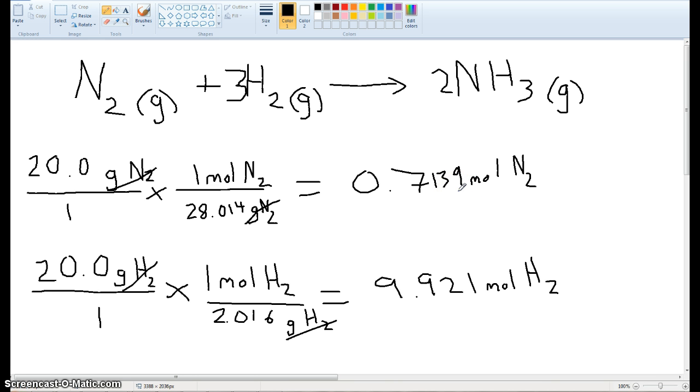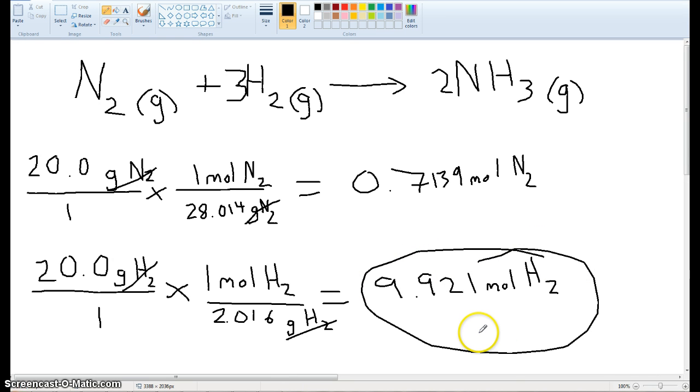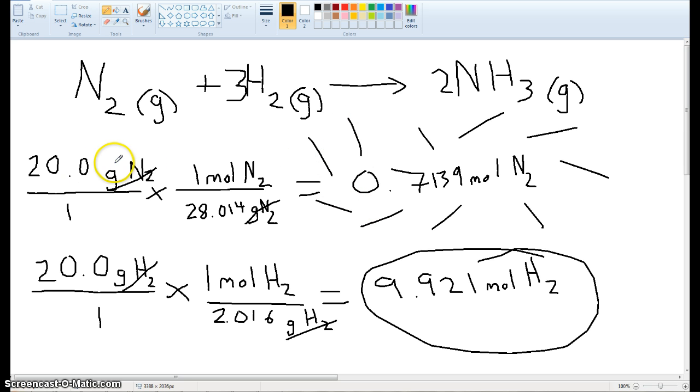What is that? 10 or 12 times more? Plenty, plenty. That means that this is the one that we have the leftover of, which means that this one here is going to be what limits it. Nitrogen, the 20 grams nitrogen gas limits how far our reaction can go. It is the limiting reactant.